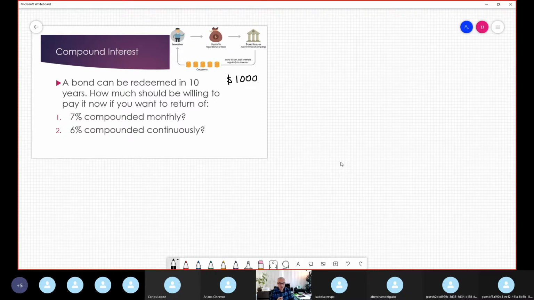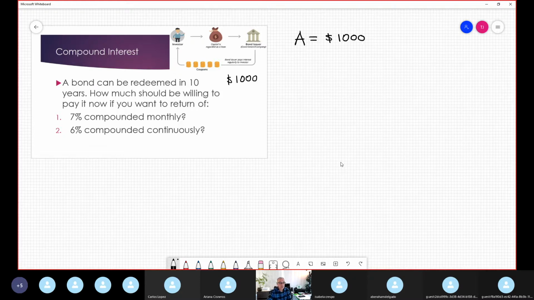So the issue is 1,000, 1 million is not important. This is the irrelevant quantity. The problem is that somehow it's giving the future value. This is the future value. So the future value is 1,000.